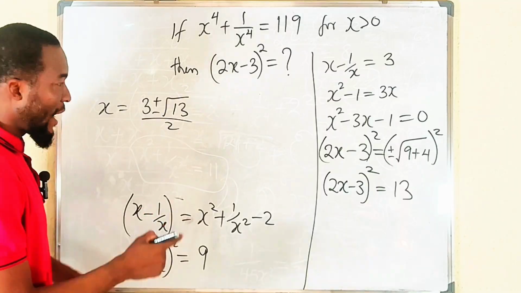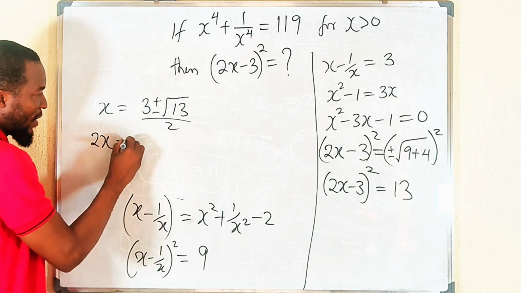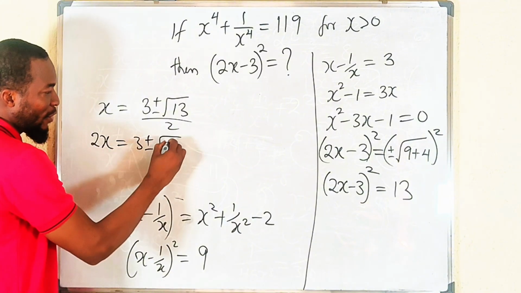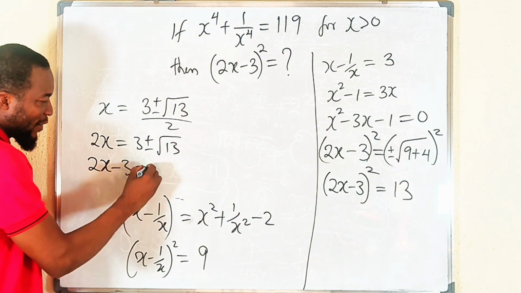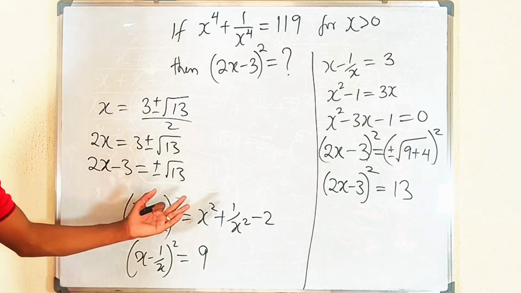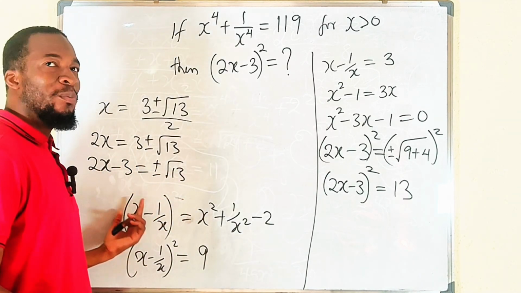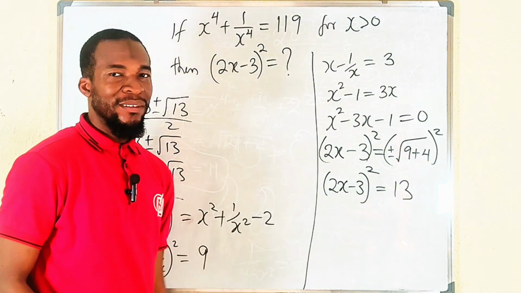So from here, multiply both sides by 2. You have 2x equals 3 plus or minus the square root of 13. Bring 3 backward, you have 2x minus 3 equal to plus or minus the square root of 13. So from here, once you square both sides, you have (2x minus 3) squared must be equal to 13. So the answer is 13.